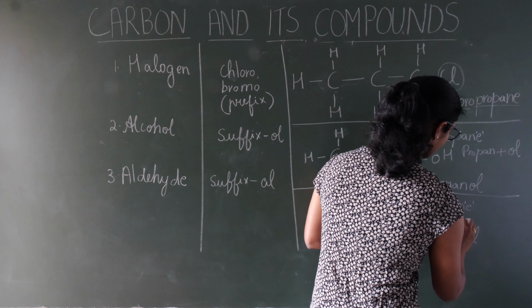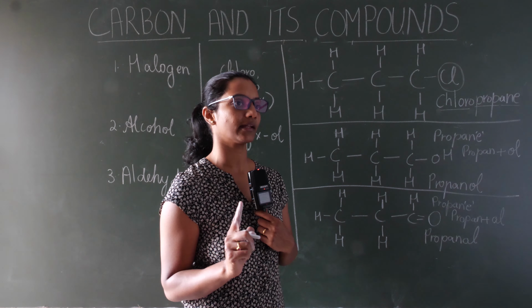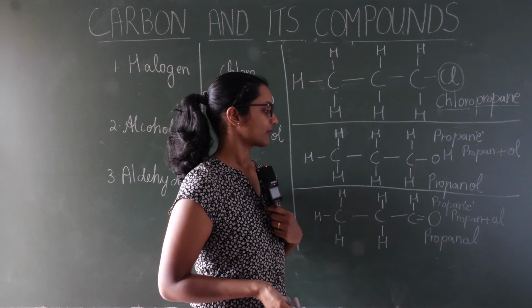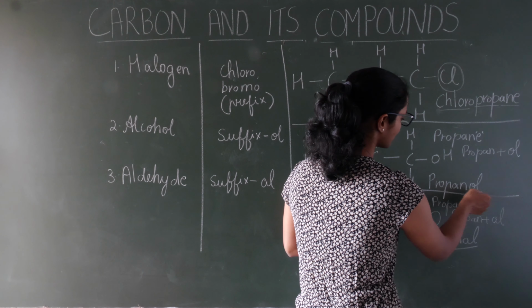So it's propan plus AL. Again I repeat, don't get confused. When it's aldehyde, it's AL. When it is alcohol, it is OL. So read carefully, propanol. So that's how you get the word.